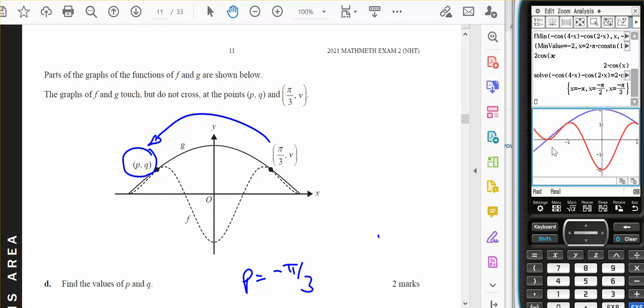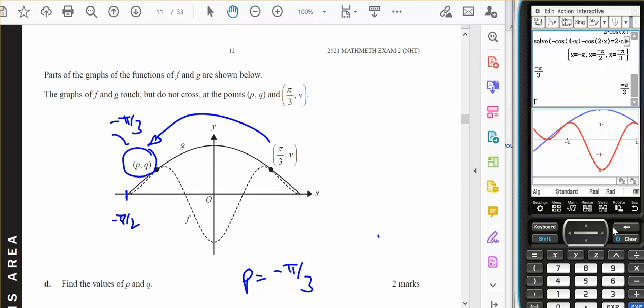So that one must be my minus pi on 2, and that must be minus pi on 3. If I turn my minus pi on 3 into a decimal, that's the same answer as I got for here.